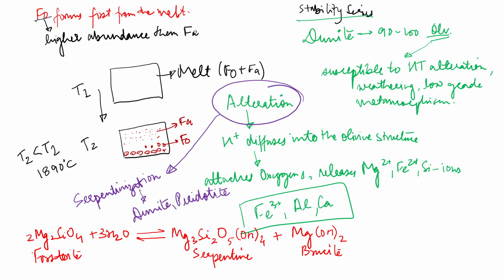The alteration products occur as three polymorphs of serpentine: lizardite, chrysotile, and antigorite. You should remember these names. They can be asked, what are the polymorphs of the alteration products?